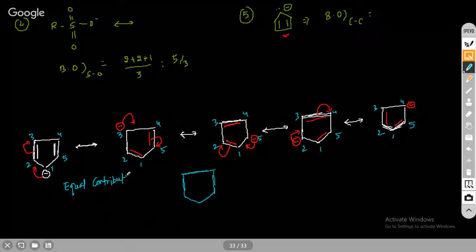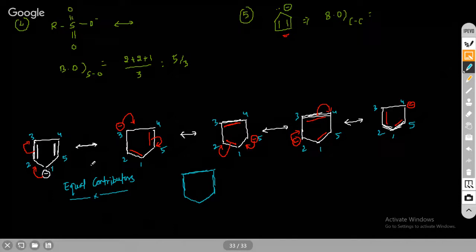Right? So you can conclude 2-3 things into this. How do we understand equal contributors are there? The charge, whatever it is, positive or negative, must be delocalized uniformly over the entire molecule, or equally over each atom present in the molecule, right? Then only it is equal contributors.